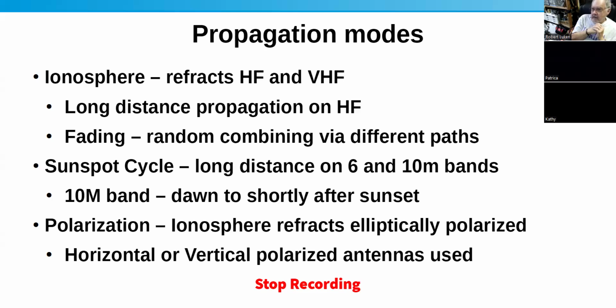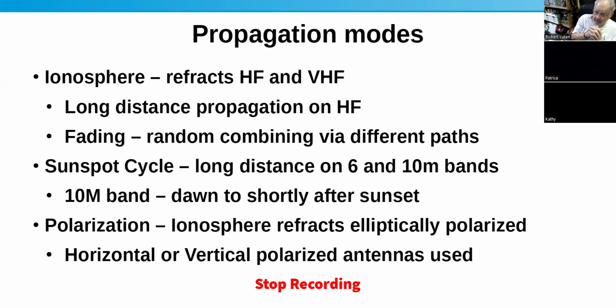The ionosphere ionization is proportional to the sunspot cycle because that's what creates the radiation that ionizes the ionosphere. So the greater the sunspot cycle, the greater the ionization of the ionosphere, and the longer distance you can get in the 6 and 10 meter bands.